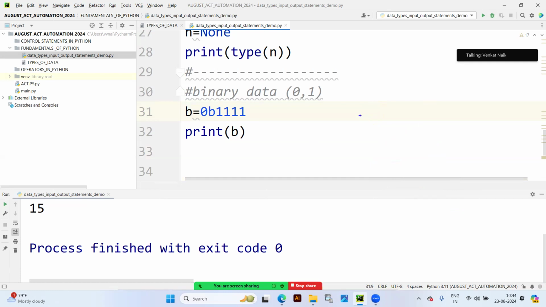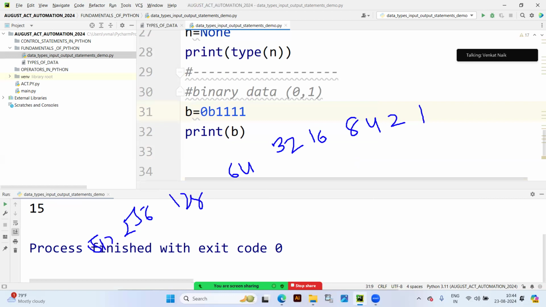The binary number system has, as I said, 8, 4, 2, 1. 2 power 0, 2 power 1, 2 power 2, 2 power 3, 2 power 4 is 16. 2 power 5 is 32. 2 power 6 is 64. 2 power 7 is 128. 2 power 8 is 256. 2 power 9 is 512. Like that, let's keep on increasing.